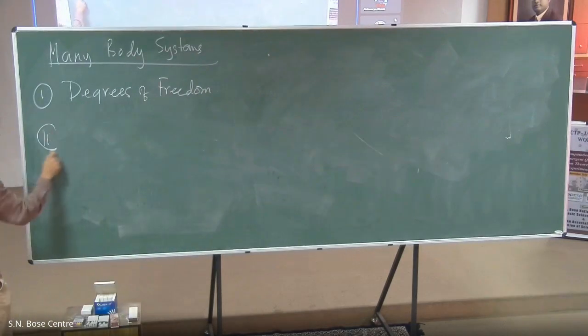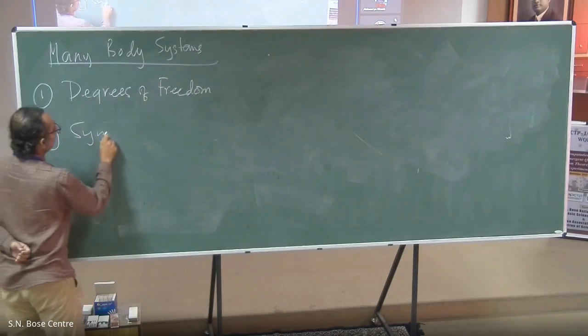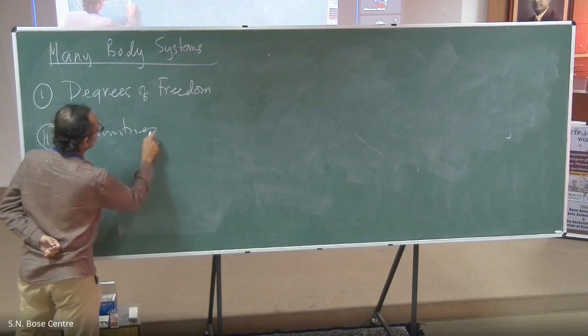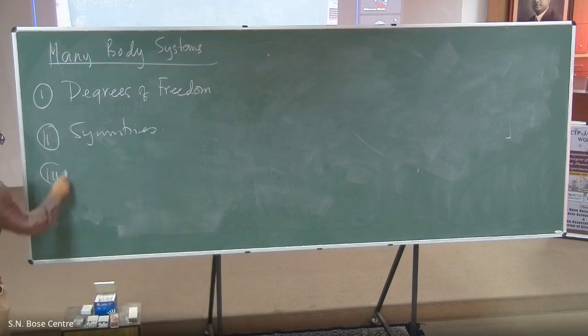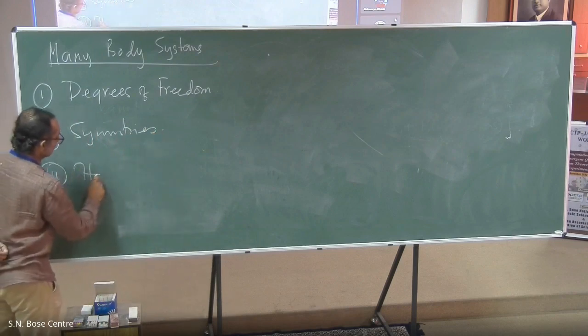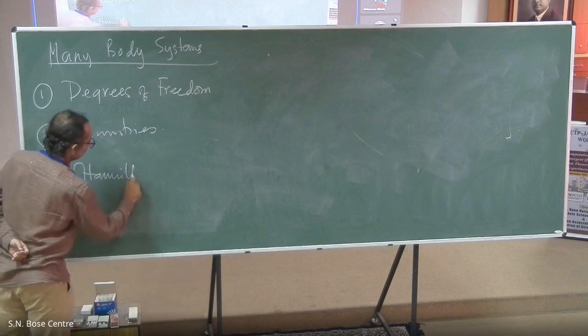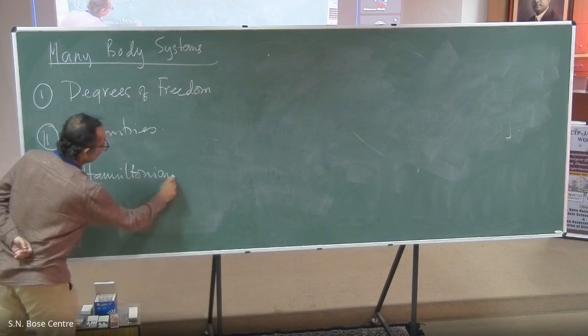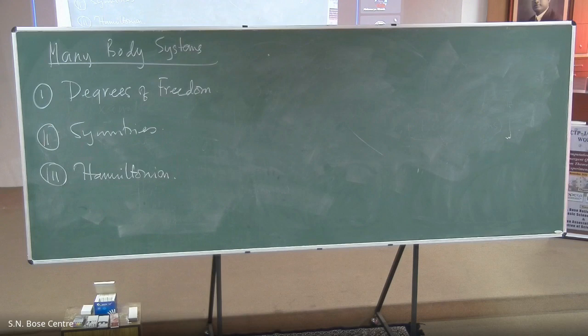Then we need to say what the symmetries of the problem are. And then the Hamiltonian. So these are the 3 ingredients that, when we are faced with a problem, we want to point out to formulate the problem.